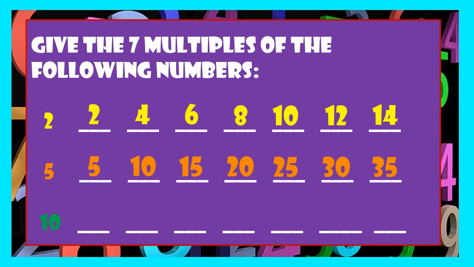Then, how about 10? What are the 7 multiples of 10? First is 10. After 10 is 20, 30, 40, 50, 60, then 70.